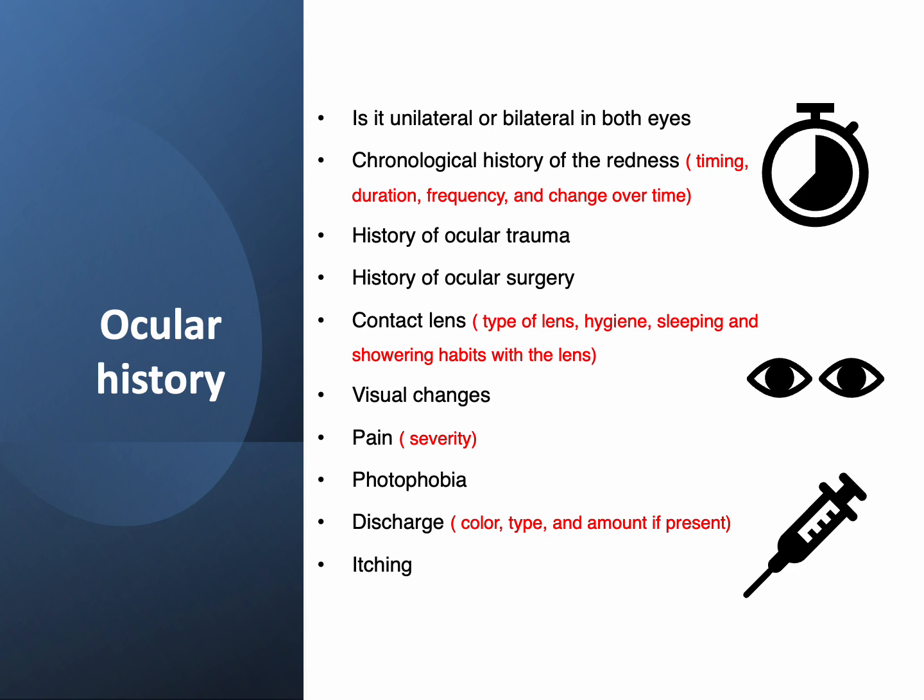Some patients use the same contact lens over and over, although it's, for example, single use only, or if it's monthly use, sometimes they use it for years. Another important thing is whether the patient sleeps with the contact lens, or showers with it. These are all important and are alarming if they are positive.